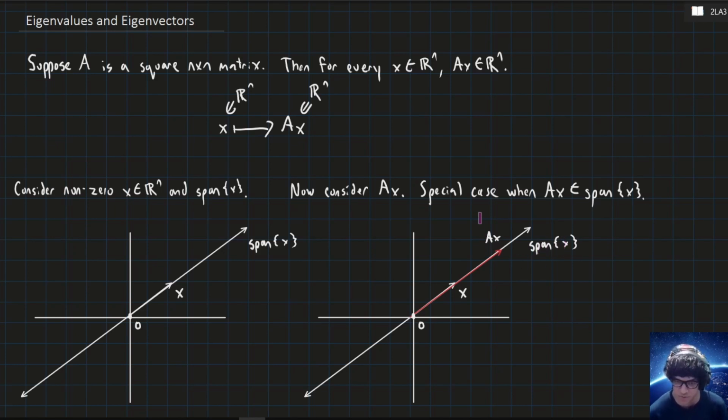So here's an instance of that. Again, this is my x, and if the red vector is Ax, we see that acting on x, A keeps x inside of its span. And that's a special case.